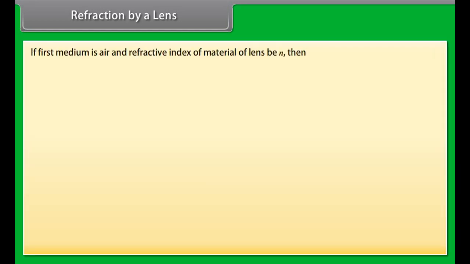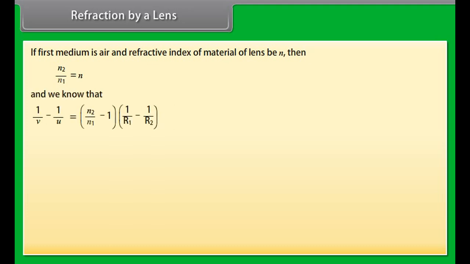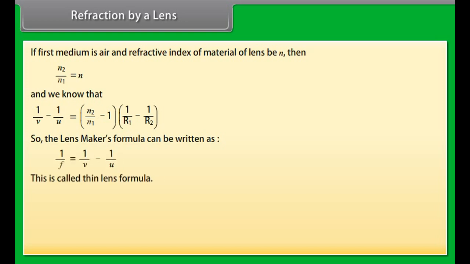If the first medium is air and refractive index of material of lens be N, then N2 upon N1 is equal to N. And we know that. So the lens maker's formula can be written as, this is called thin lens formula.